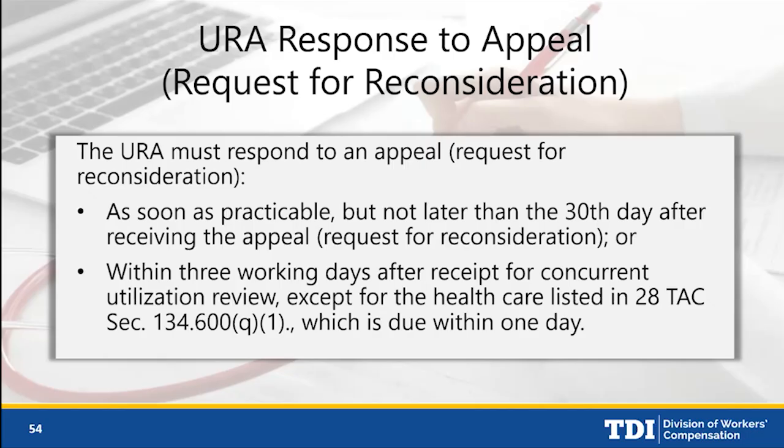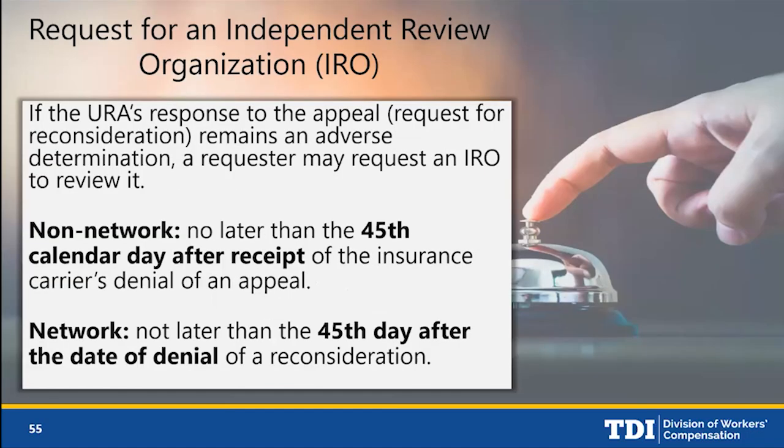If your patient's in the hospital, there are some exceptions, and 134.600 says that the response is due within 1 day in that situation. So again, know 134.600, pay attention to it. But generally speaking, they have 30 days to get back to you or as soon as it's practicable for them to respond.